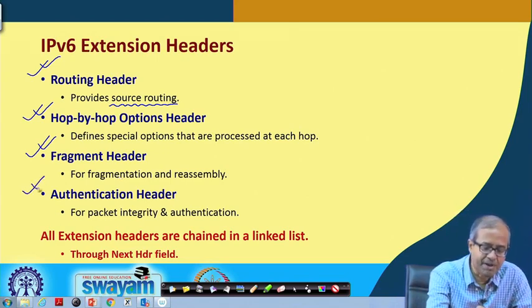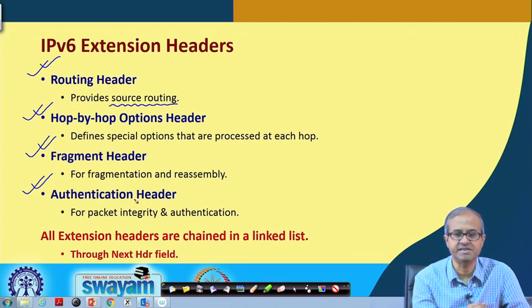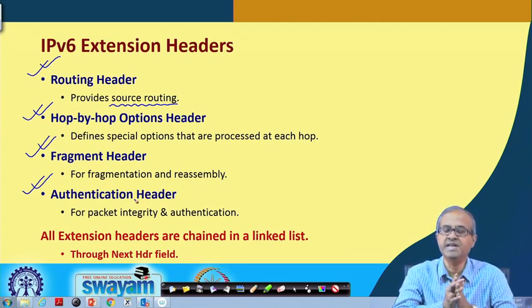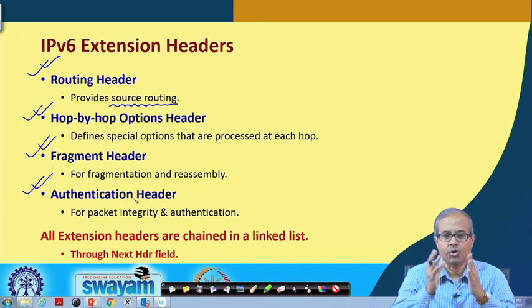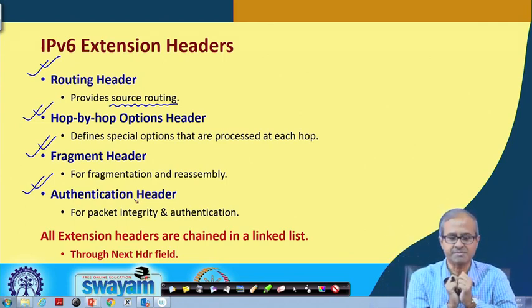And to ensure packet integrity, there is also an authentication header, where you can implement some kind of hash function. We will be talking about hash functions later in this course. These hash functions are used for authentication purposes. Authentication means, suppose I am a router and I have received a packet from some other router X. Now, there can be two scenarios.